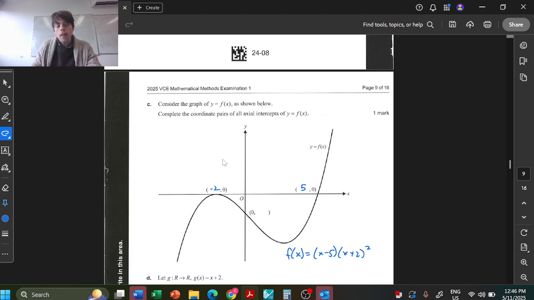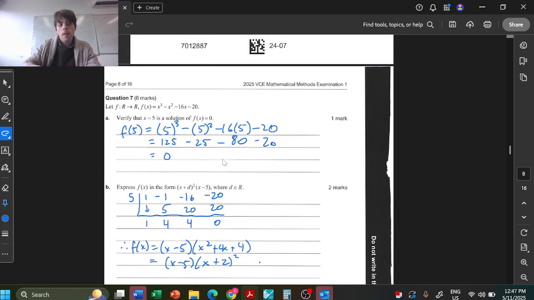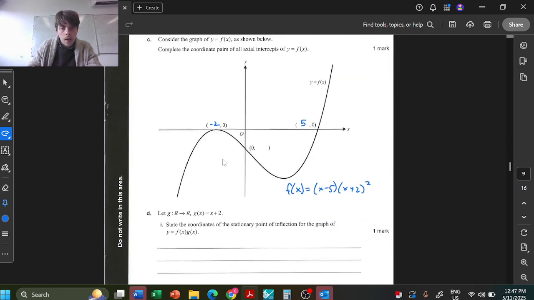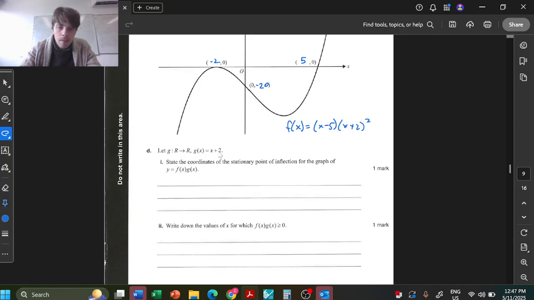If we want to work out the y-intercept, we look at the expanded form: if x equals 0, y is equal to -20, so we put that in here as our minimum. Definitely not drawn to scale, but that's fine.